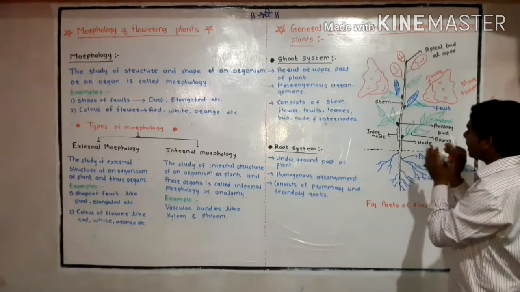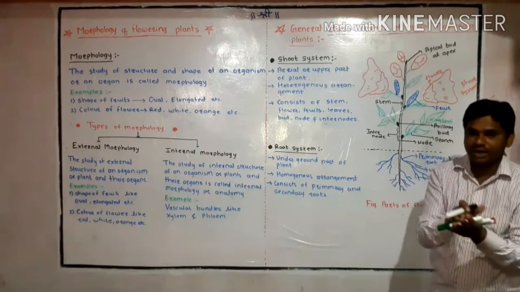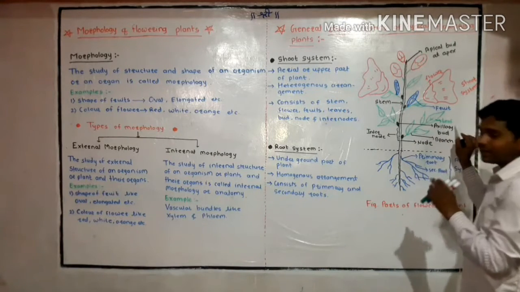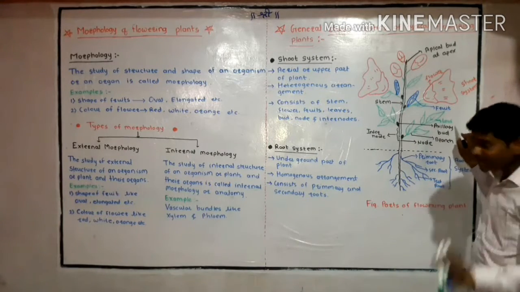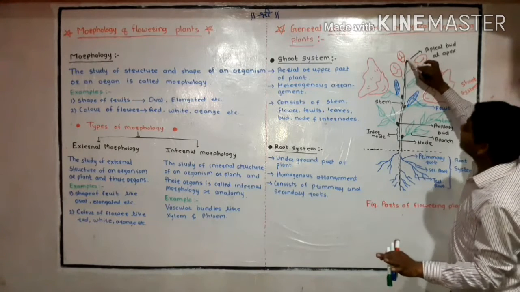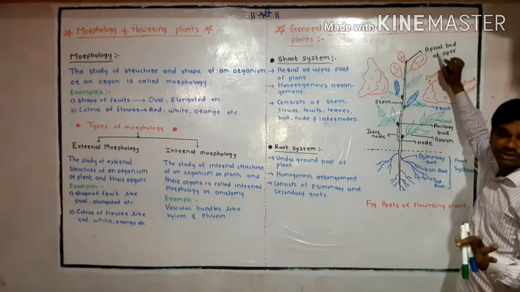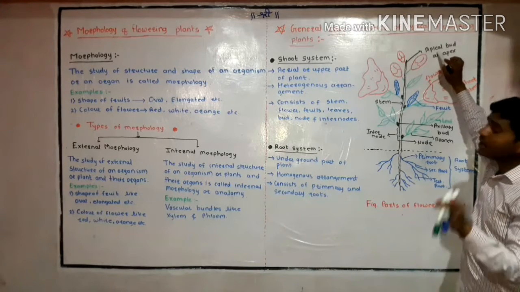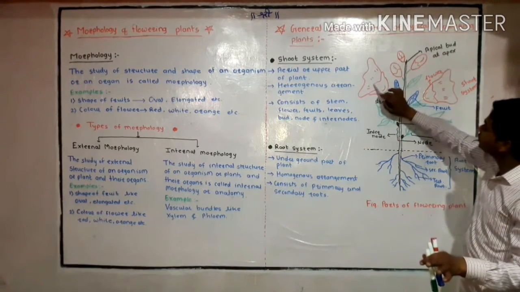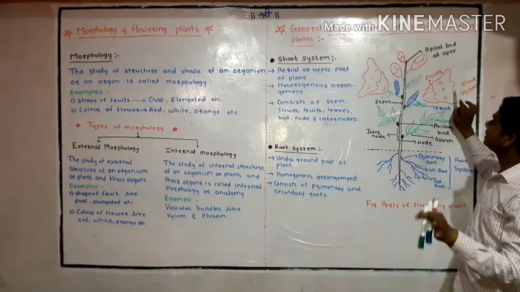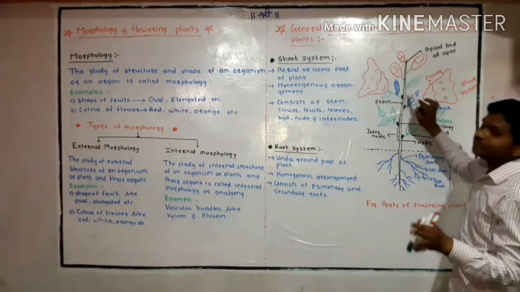Okay, at the axillary position of the leaf, there is a presence of axillary bud. At the tip there is a presence of apical bud. It also consists of flowers. It also consists of fruits.